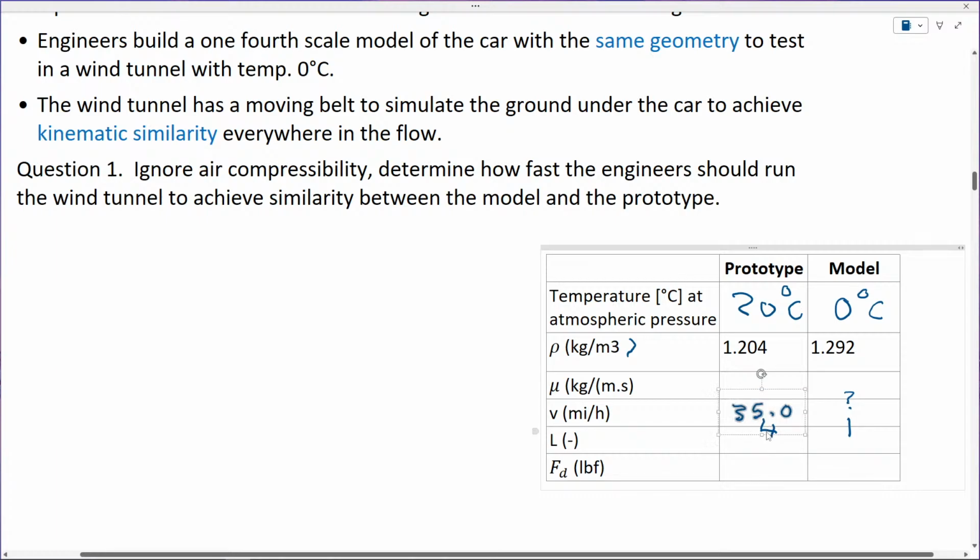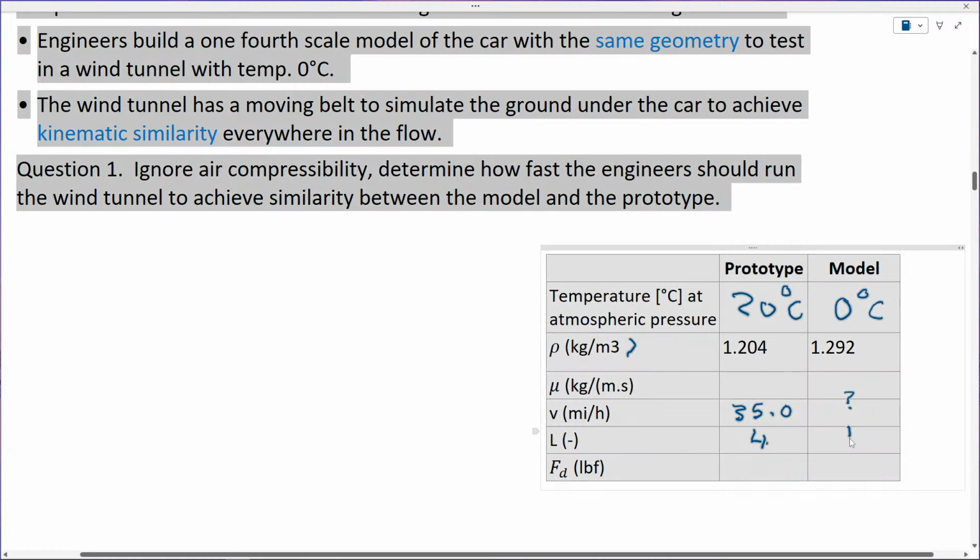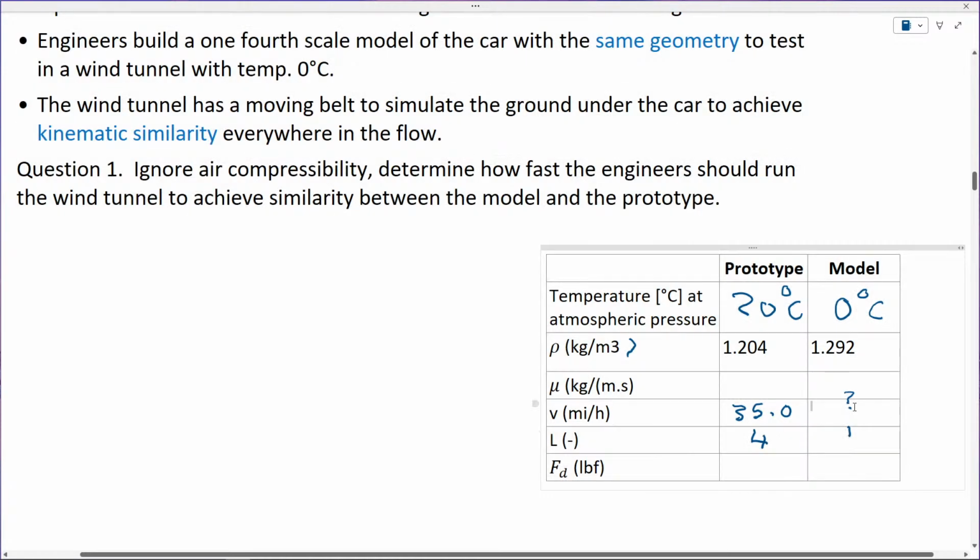Need to move this here. Okay, here we go. So we got the density.